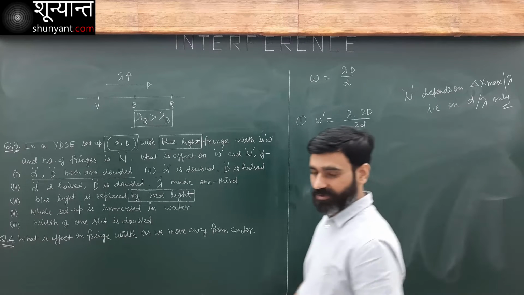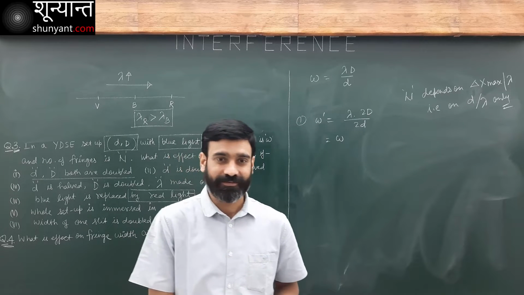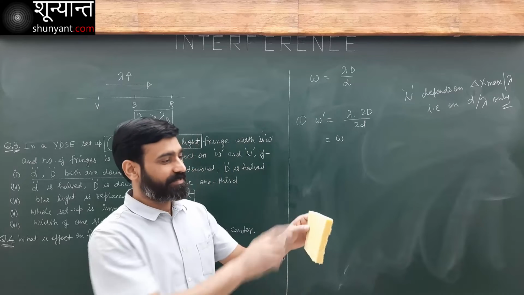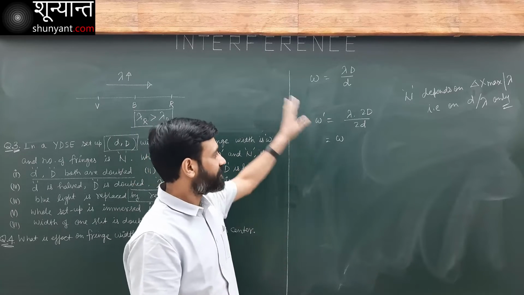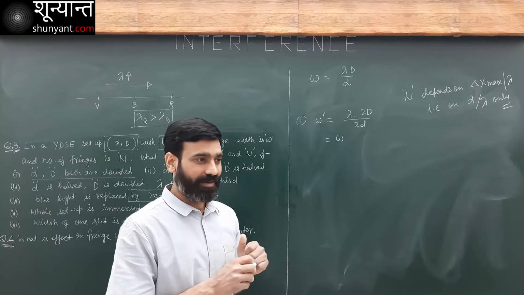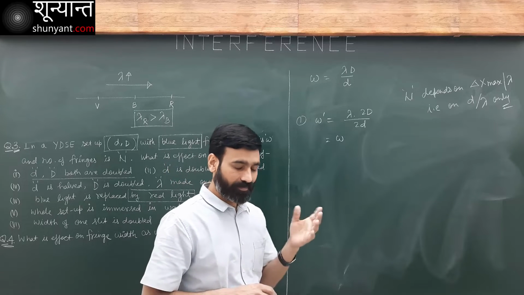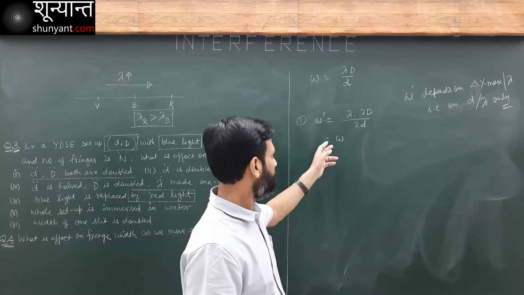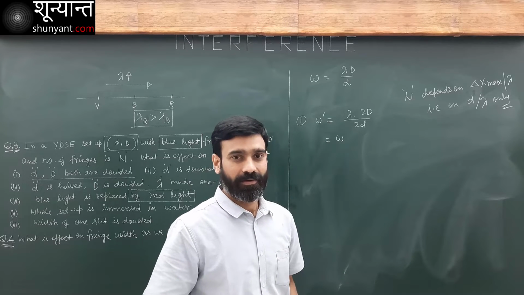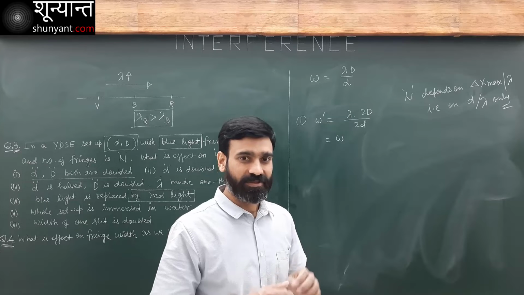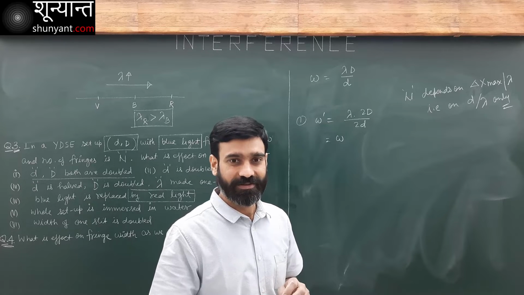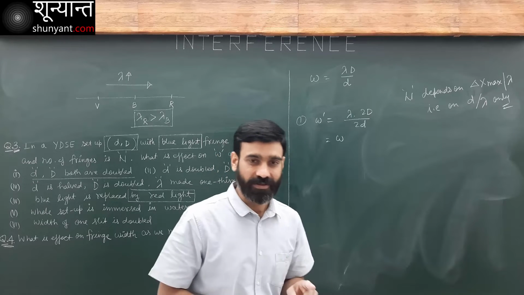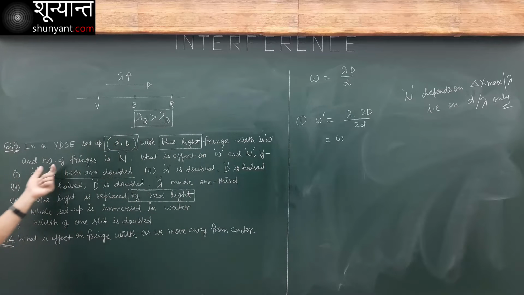This is a very confusing problem. I have this screen, on which I am getting a fringe pattern. I make some change and I find that omega does not change. Do you think the number of bright fringes will change? It will change. In this particular case, it will change.